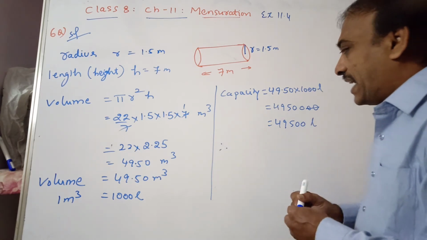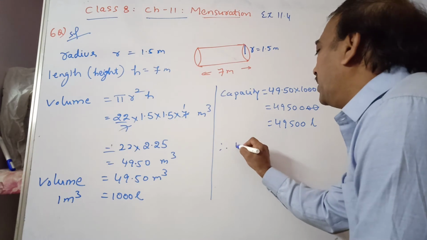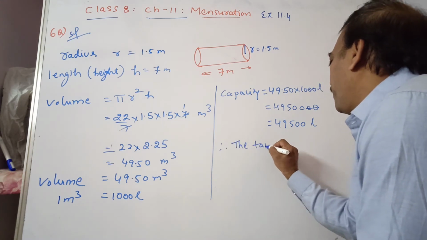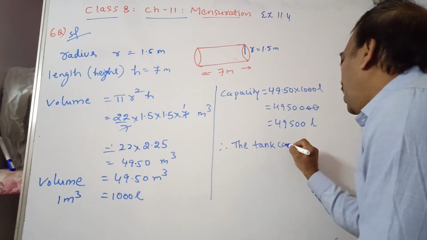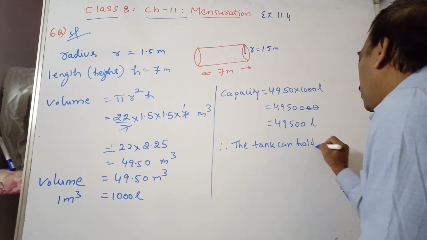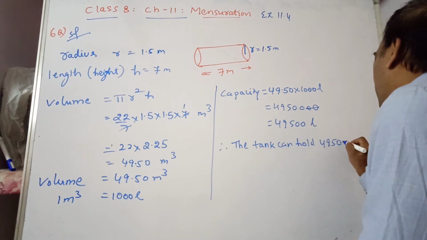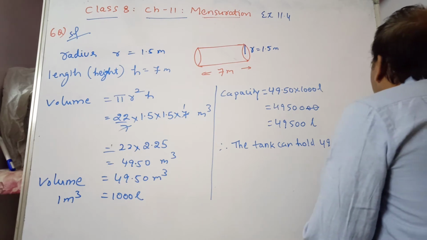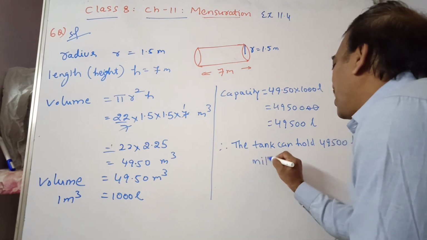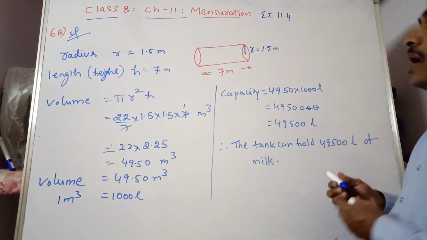Therefore the tank can hold 49,500 liters of milk. He is asking how many liters of milk it can hold.